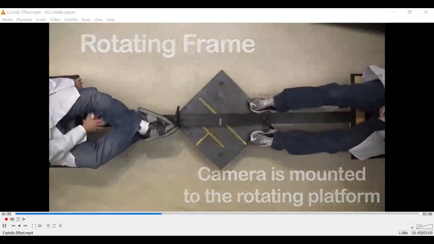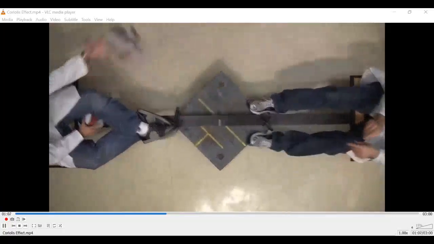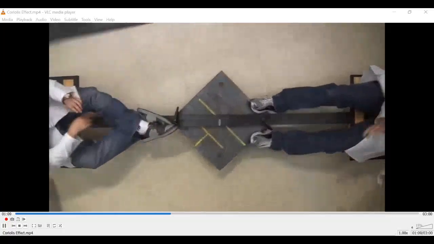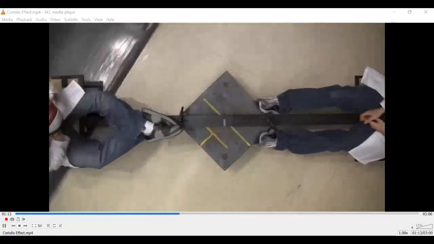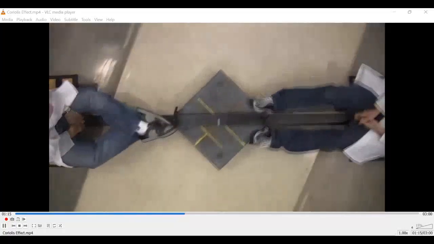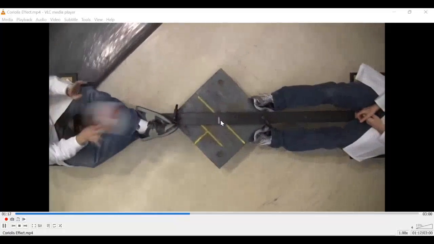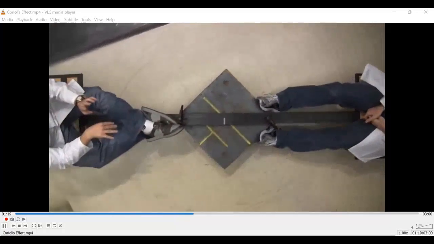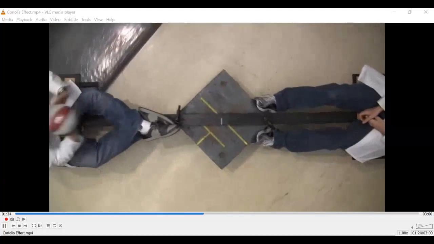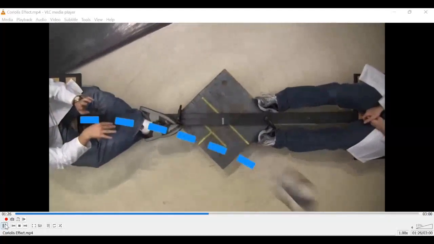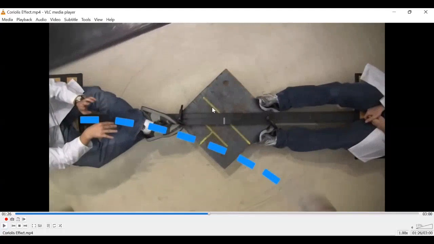Now you can see the camera is in the rotating frame, so it is not an inertial reference frame. And what happens to the ball, as you saw in the last class, is that we see it moving towards the left along a curved path.